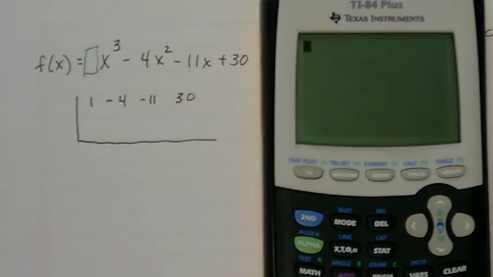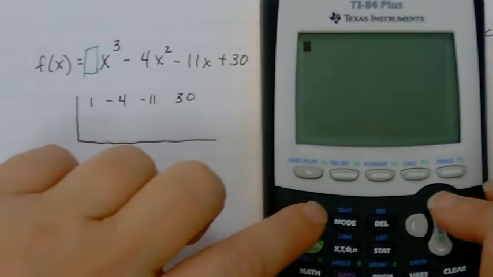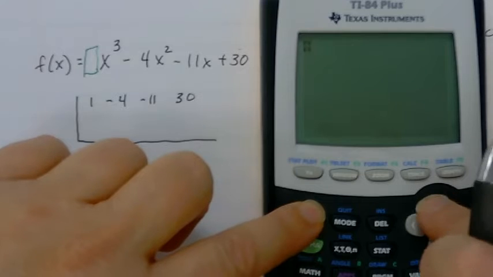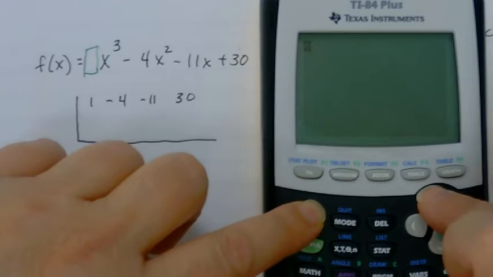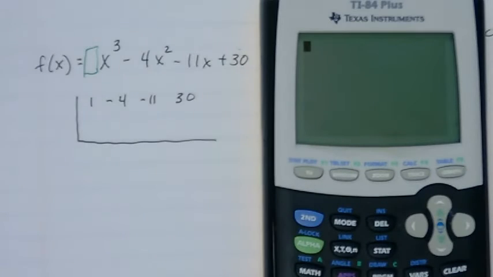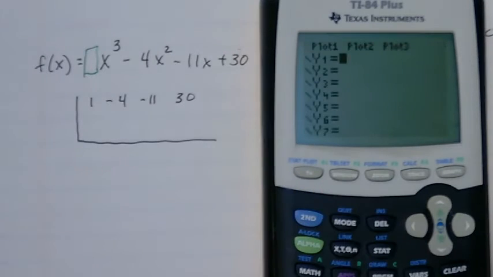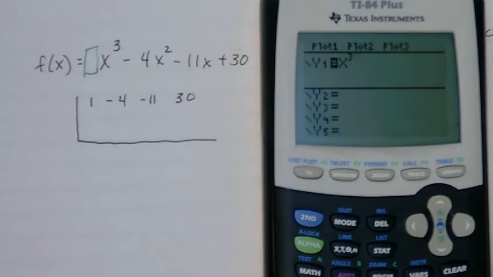Let me see if this is a little better here. If you can see that or not. Yep, that's a little better. So I'm going to type in the equation x cubed. Yeah, this calculator actually isn't bright enough.